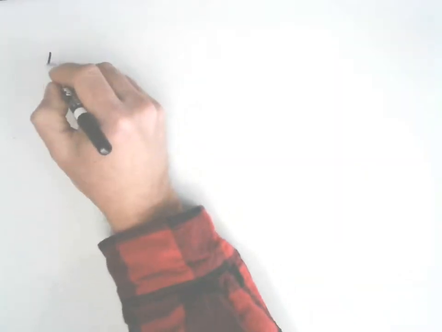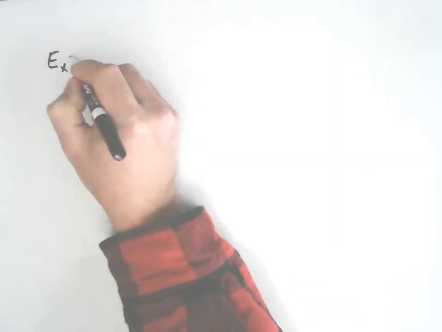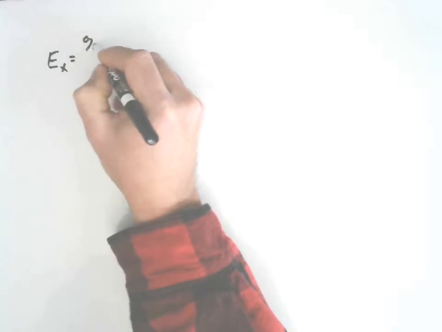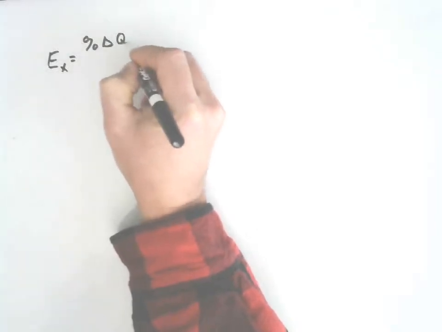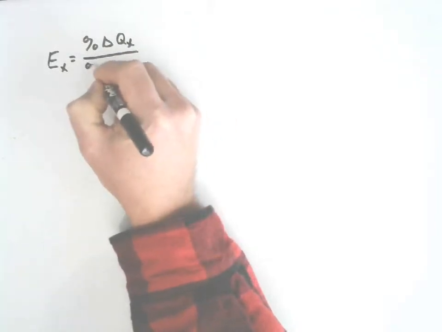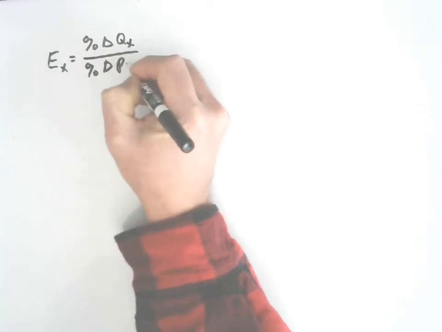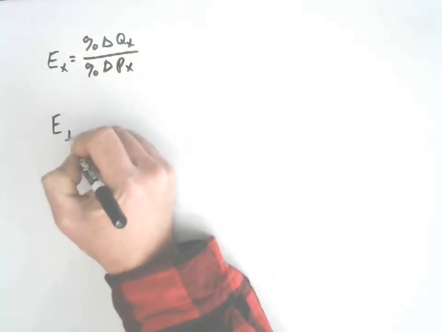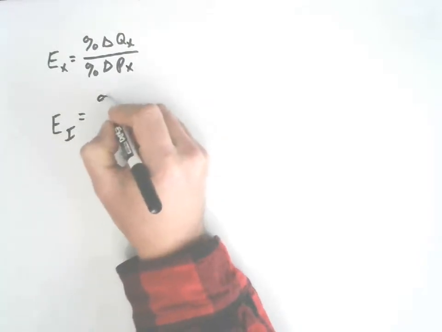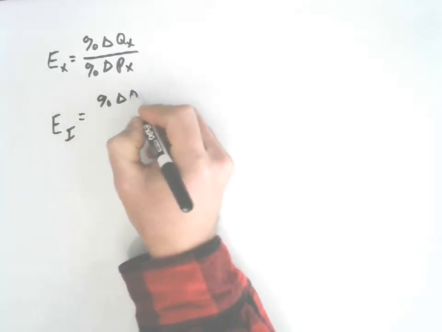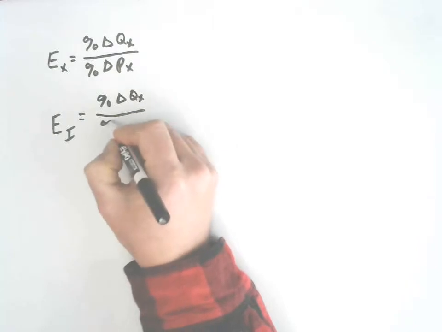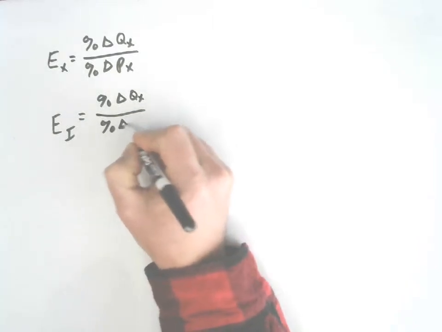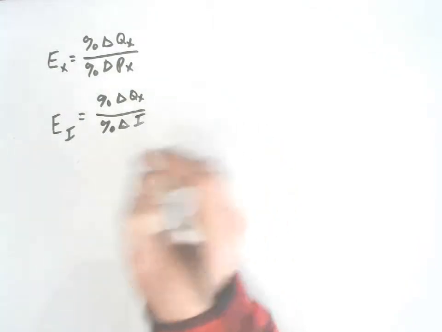So up to now we have own price elasticity of demand, which is percentage change in QX divided by percentage change in PX. We have income elasticity of demand, which is percentage change in QX divided by percentage change in income levels.